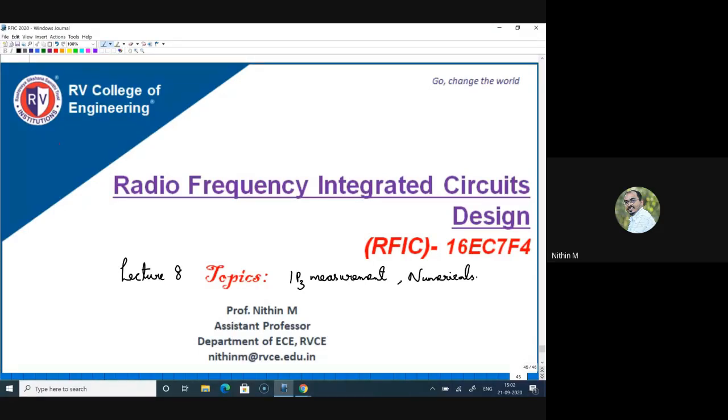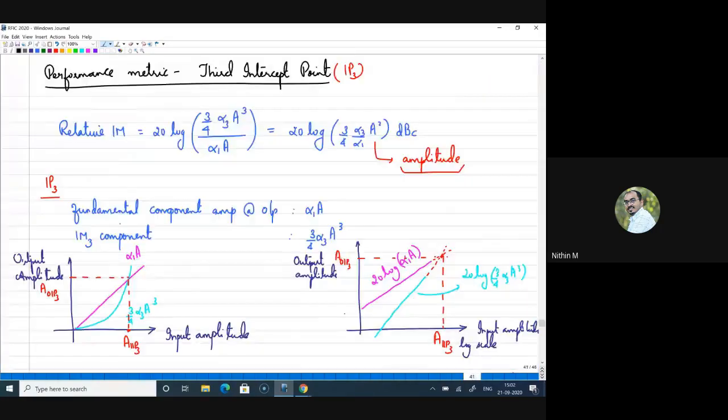In the last class, we obtained an expression for IP3, and we first saw that we can write a relative measure. But when you write the relative measure, in order to get an idea about the intermodulation term, we have to know the input amplitude. So to make it free from input amplitude, for any system in general, one can determine IP3 as a third intercept point by the method we saw in the last class.